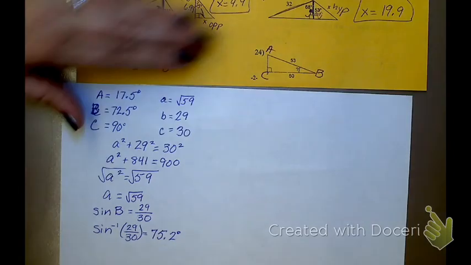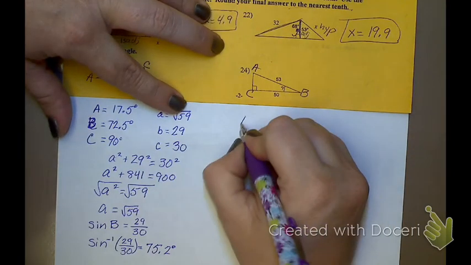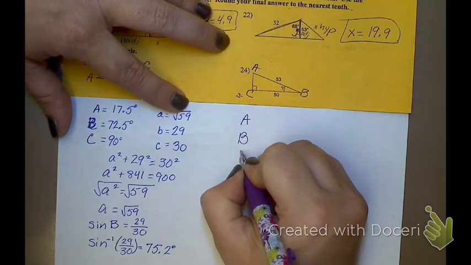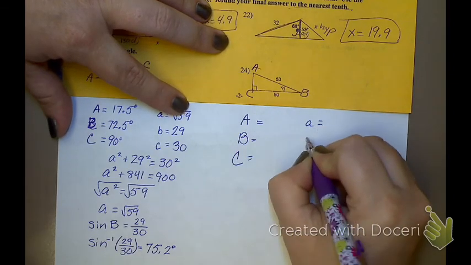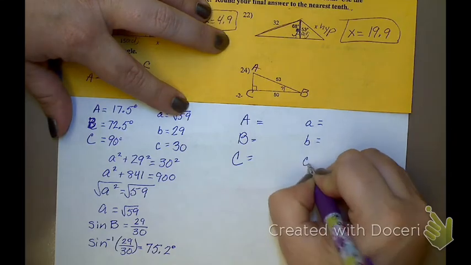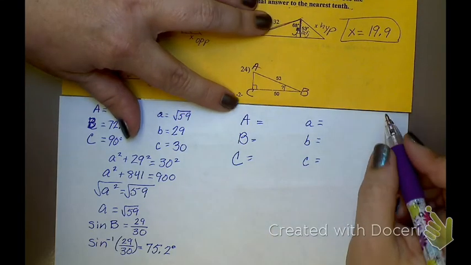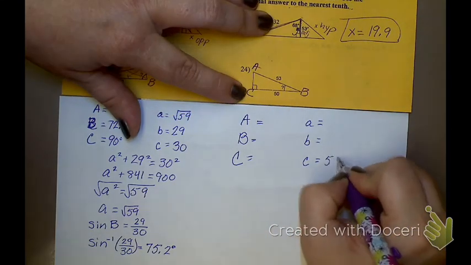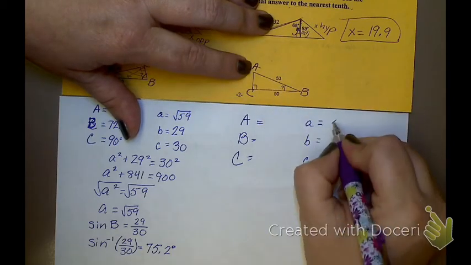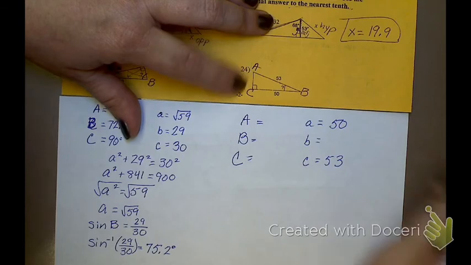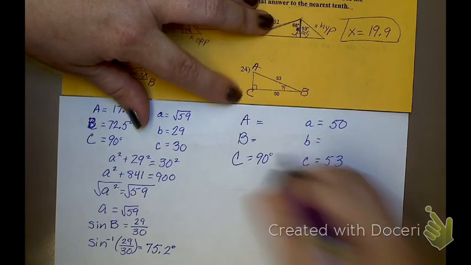Okay. All right, over here again, I need big A, big B, big C, and little a, little b, and little c. So let's see, what do I have? I have little c is 53. So that's across there. And little a is 50. I know that big C is 90 degrees, and I've got to find the rest of them.